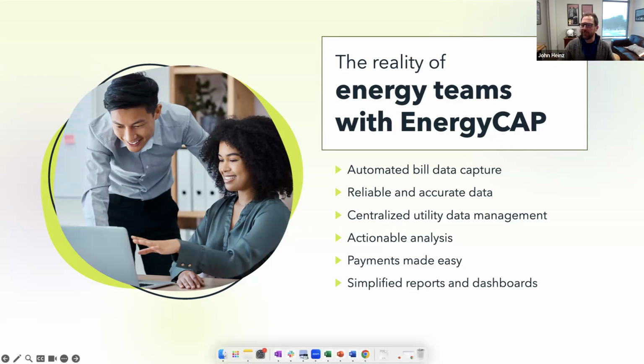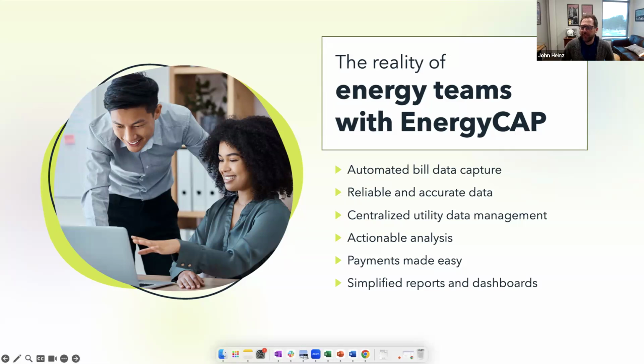So you need to process and pay them. But there's also some rich information. If that process can be automated, you are not focused on manual steps of data capture. You are now spending a lot more time analyzing, making sense of the data, and finding savings opportunities than processing and manual data entry. The other thing I would add here is interval data and other variable information, which we'll get into in a bit.